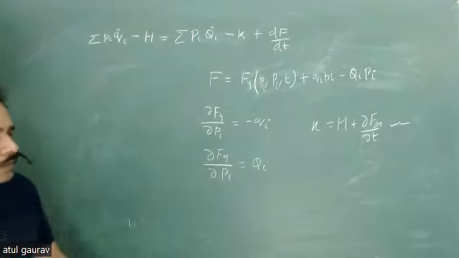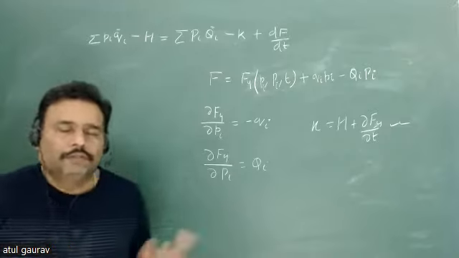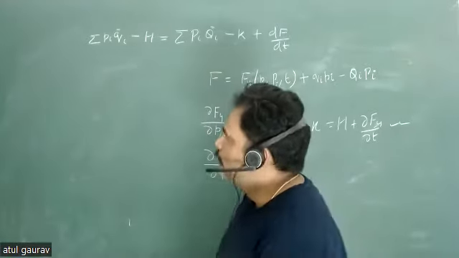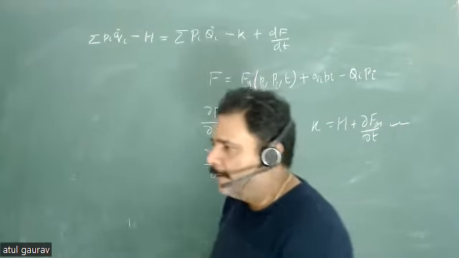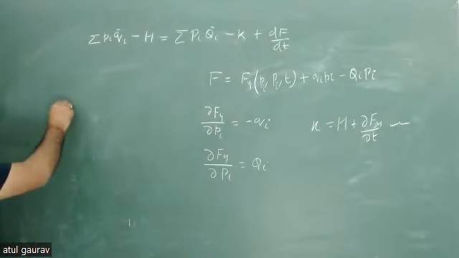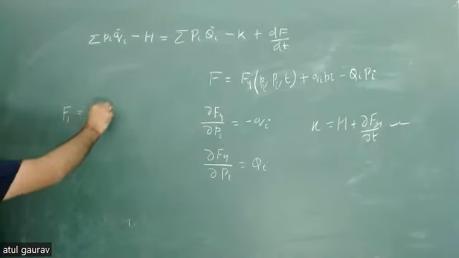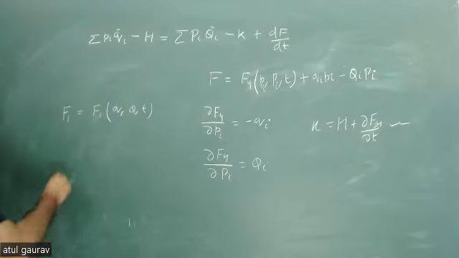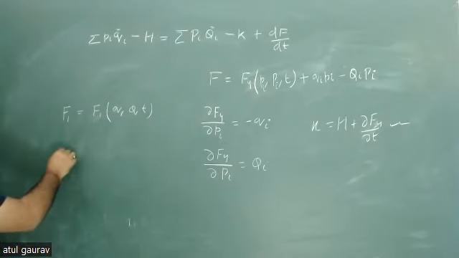F4 type generating function is very rarely used, but most important is F2 type generating function. The thing is how you will remember it. How will you remember? This is the final thing. So you can have F1. Function of what? Small q, capital Q. Very good. Small q, capital Q, T. Now, what will be F2?